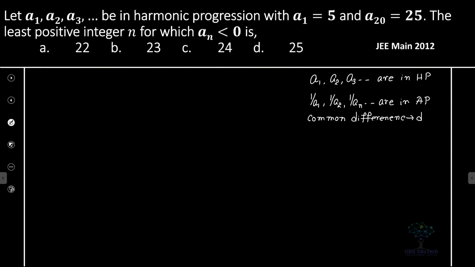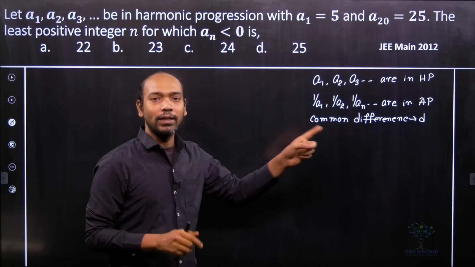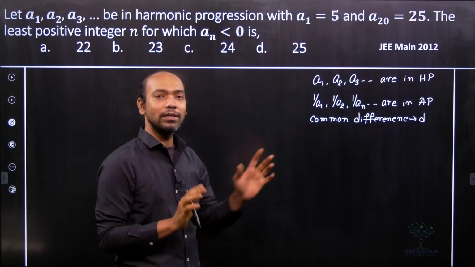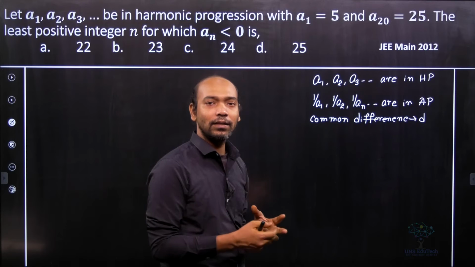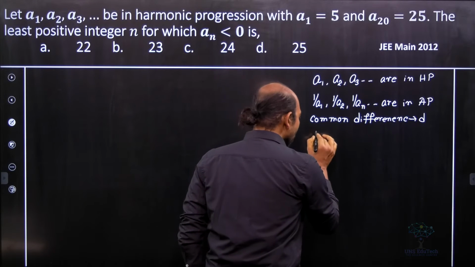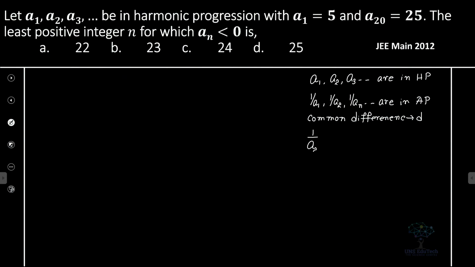Now see that in this particular problem, 1 by A1 is given. So the first term is given and the 20th term is given. Let's calculate the 20th term with the formula. So A20, the 20th term, will be equal to the first term plus n minus 1, so 20 minus 1, into D. So it implies that 19D is equal to 1 by A20, that's 1 by 25, minus 1 by 5.